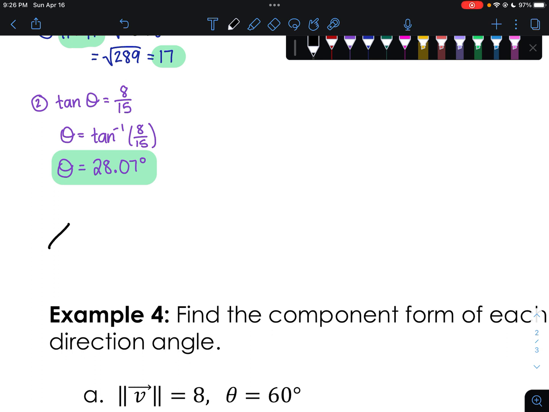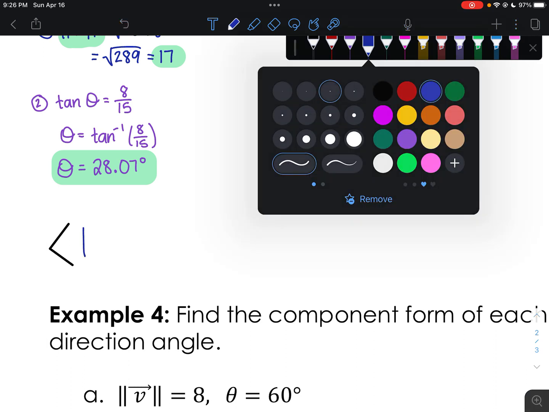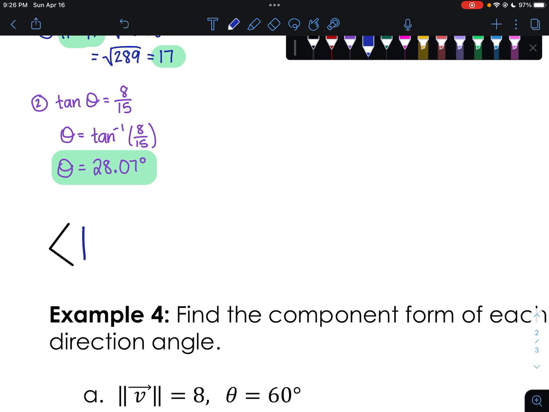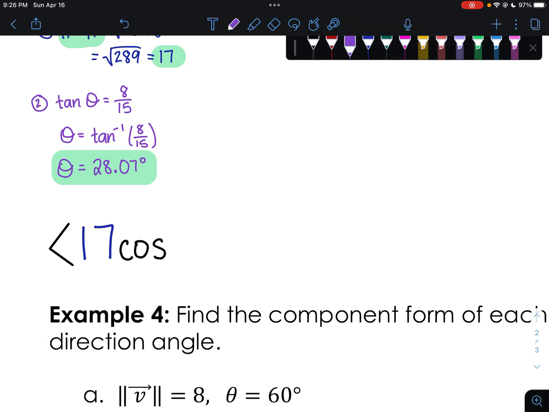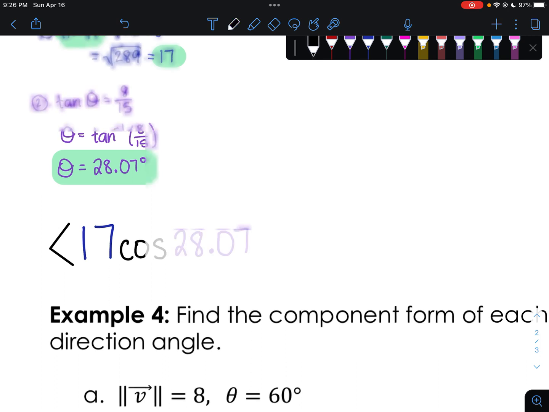So to rewrite this into trig form, we're going to start with the magnitude of 17, times cosine, because cosine is x, of our angle, which we got to be 28.07.